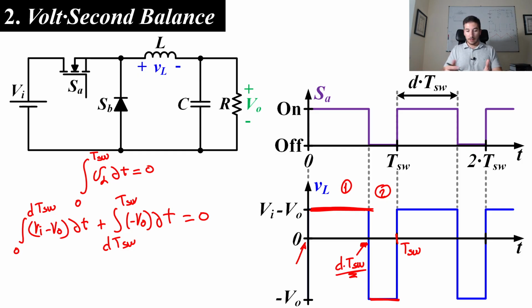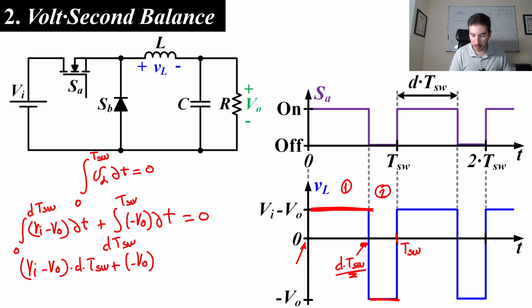Okay, let's solve this expression. It's very easy. It's Vi minus Vo times D times T switch plus minus Vo times 1 minus D times T switch, and it must be equal to 0.